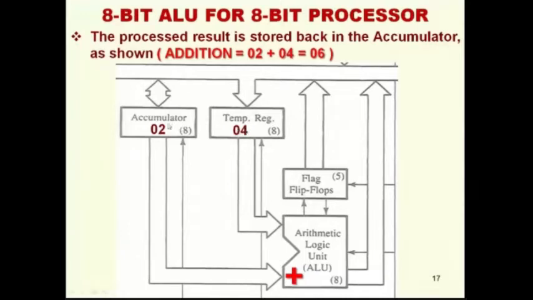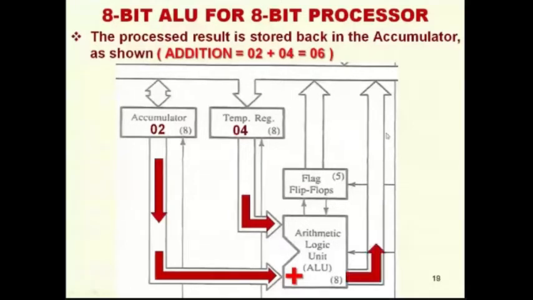The 2 and 4 go inside the ALU. As we all know, an 8-bit adder is present inside the ALU, which performs 4 plus 2 equals 6. The sum will come through this way and then reach the accumulator, because as discussed, one of the data to be processed and the processed result come back to the accumulator.